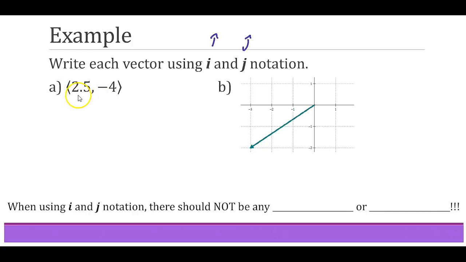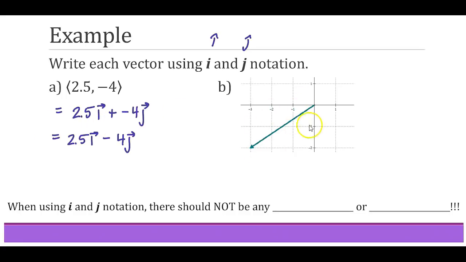Instead of angle brackets, ⟨2.5, -4⟩, using ij notation this is equivalent to 2.5i plus -4 times the unit vector j. But we don't have to write plus minus. We can just write 2.5i minus 4j.